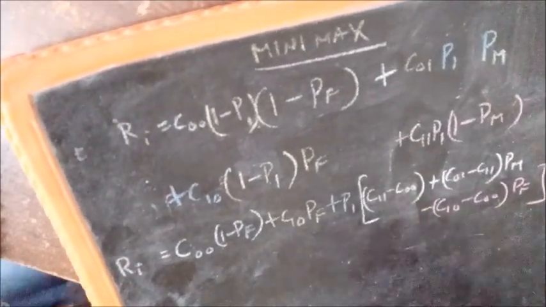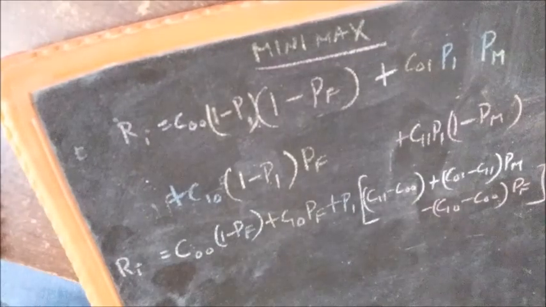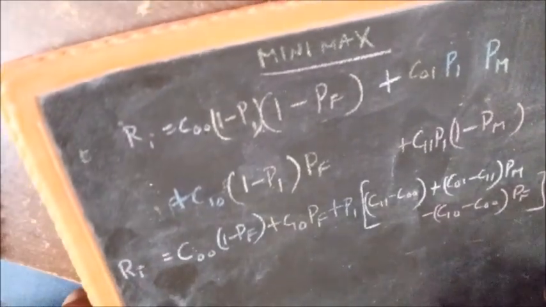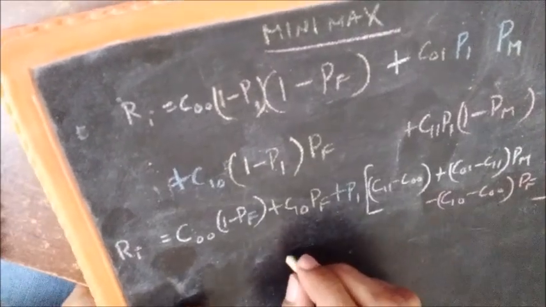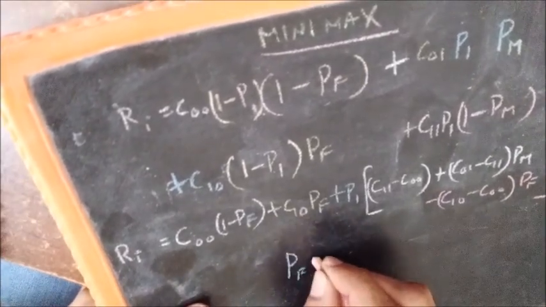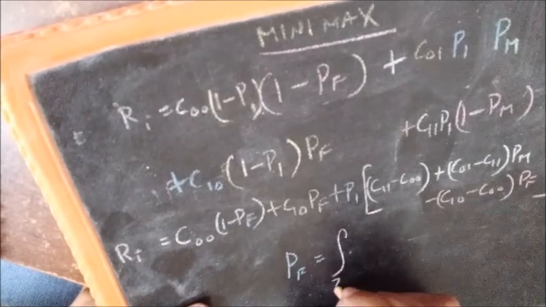We can rewrite the expression like this. And now, if you have observed, I just rewrite here quickly, the probability of false alarm is this.